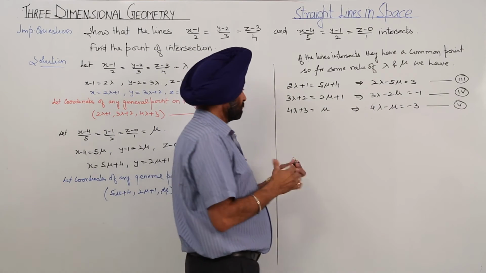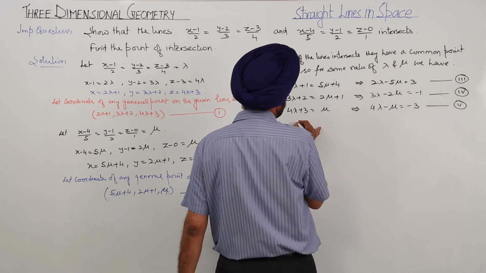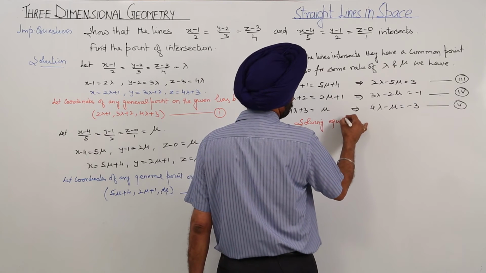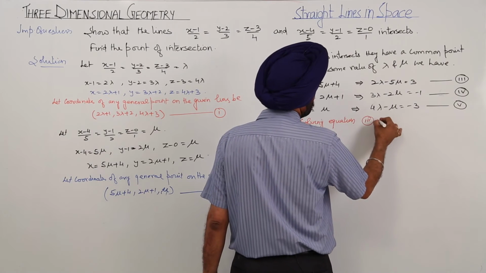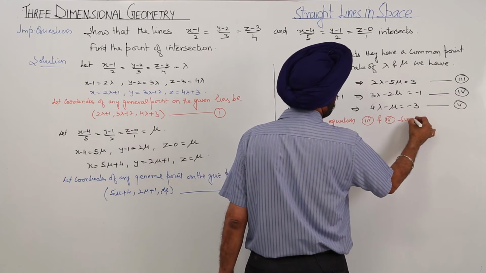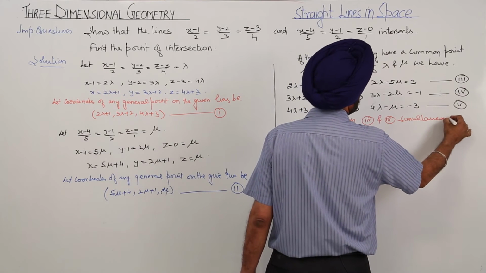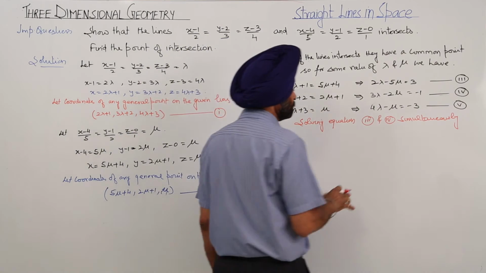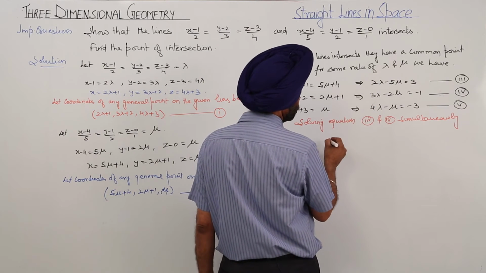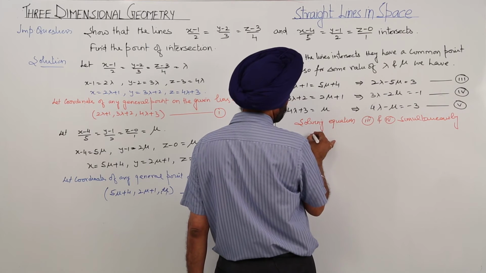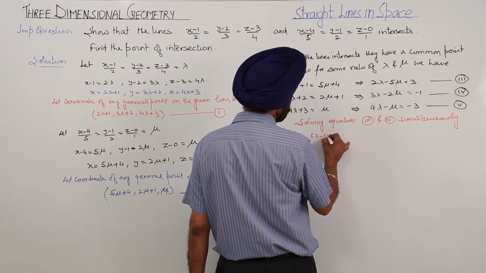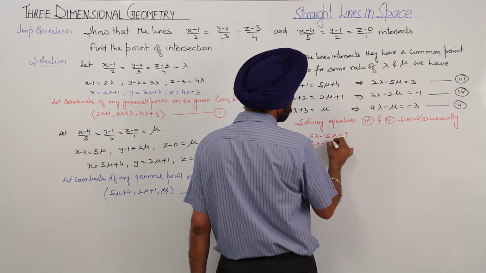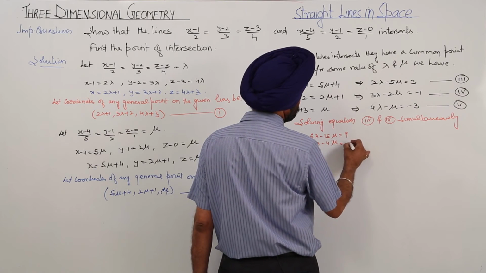Now let's solve the equations. Solving equations 3 and 4 simultaneously to get the values of lambda and mu, we get 6 lambda minus 15 mu = 9 and 6 lambda minus 4 mu = minus 2.